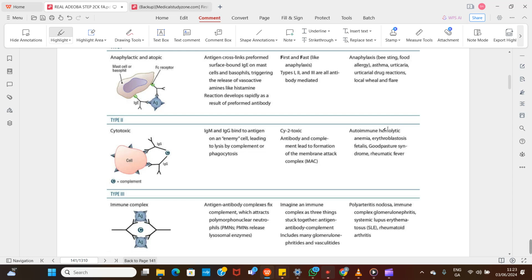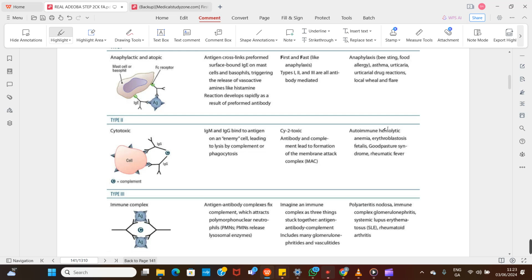So looking at the category, if we want to talk about the ones that destroy, if we categorize it like that, we are going to have more diseases to remember. Based on the ones that cause formation of the membrane attack complex of the complement and eventual cell destruction, you have stuff like autoimmune hemolytic anemia. Just remember the hemolytic anemias: autoimmune hemolytic anemia, hemolytic anemia of the newborn, acute hemolytic transfusion reaction.